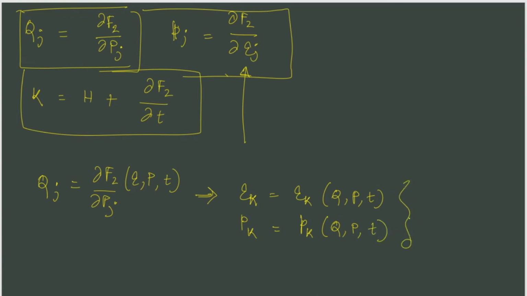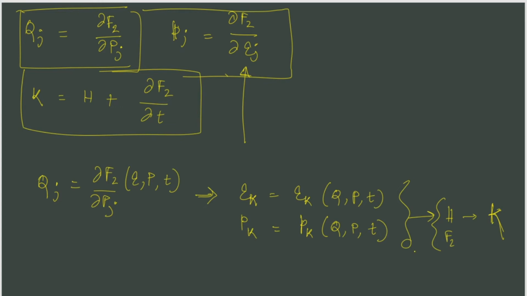Then these can be substituted in H to construct K. H and F2, you can substitute that and then construct K, and then the problem is solved, in the sense that you have everything in terms of the new variables.